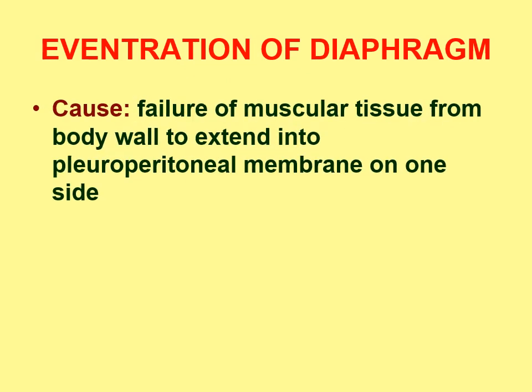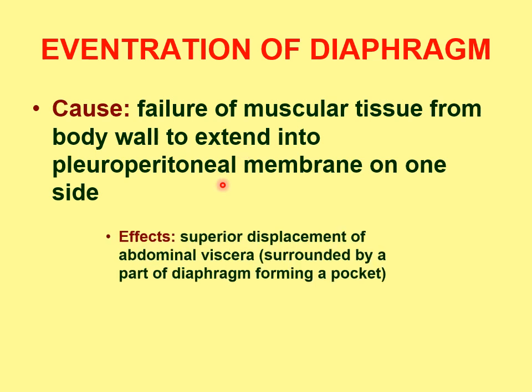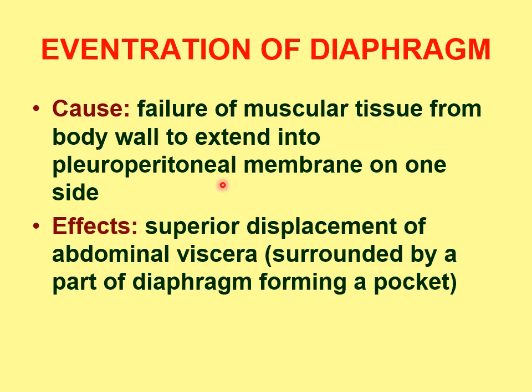Now, what is the eventration of the diaphragm? As I have told you, if there is failure of muscular tissue from the lateral body wall to migrate and extend into the pleuroperitoneal membrane, it remains a membranous structure, and the abdominal viscera balloon out towards the thoracic cavity.